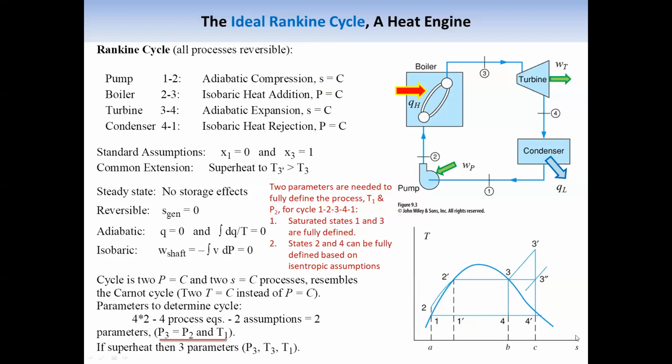This diagram may not help us to estimate this quantity, but we'll see later that on the PV diagram, we can get these two quantities very easily as the rectangular area on the PV diagram.